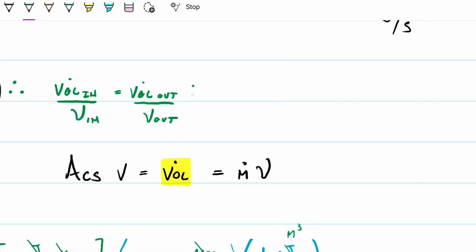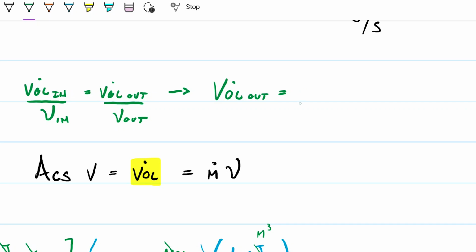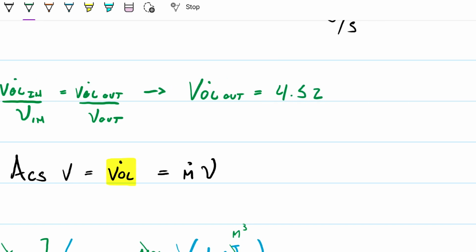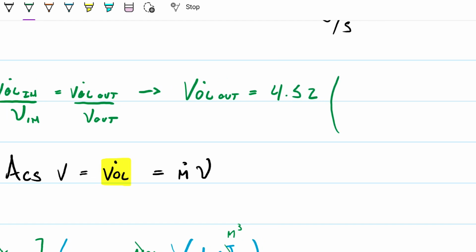Okay, and if that's the case, if I'm looking for volumetric flow rate out, I can just do the volumetric flow in, which we happen to know, and that's 4.52, times the ratio between the specific volumes.